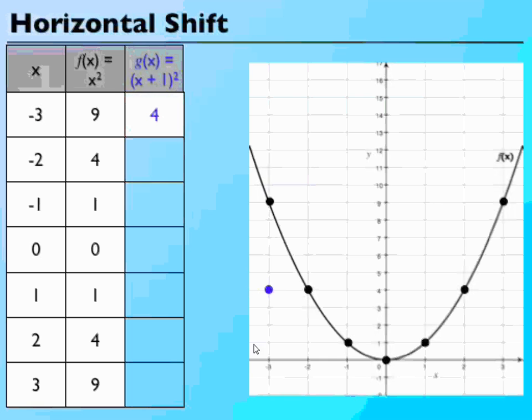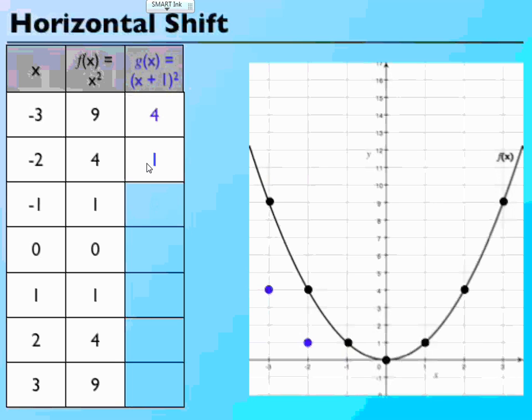The input was -3, so I go over to -3, and the output here was 4, so I go up to 4. Now the next one, input of -2, I plug it in, -2 plus 1 becomes -1, and then square it, and I get 1. And I continue on in this fashion, plugging my x values into g of x to get new output values for this new function.